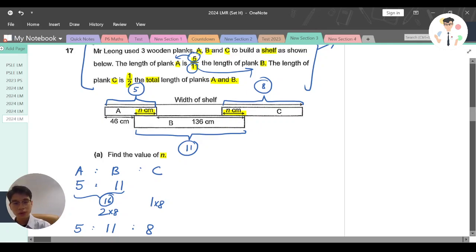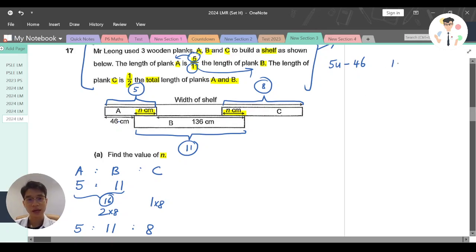Now, interestingly, if I want to look for n, what I can do is use 5 units minus 46. Does it make sense? n is 5 units minus 46. At the same time, this n, I actually can use what? 11 units minus 136. Again, I repeat, 11 units minus 136.